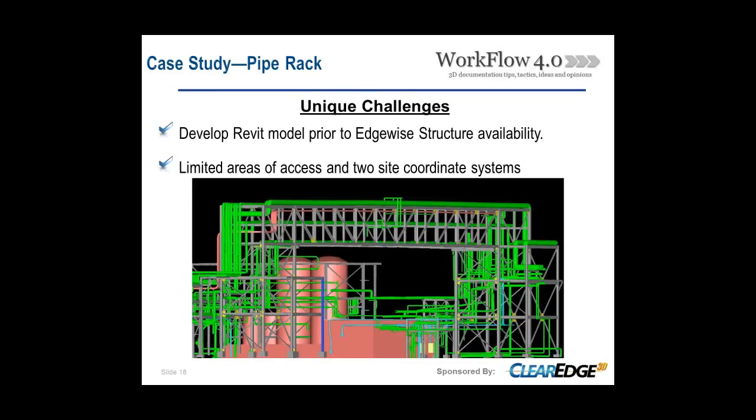And there were also 2 site coordinate systems, and at the time when we first started scanning, they weren't sure which one we needed to tie into, so we had to find points from both and locate those, and it got to be a little bit of a pain. And some of the other areas of access had to do with this particular site being close to the river.